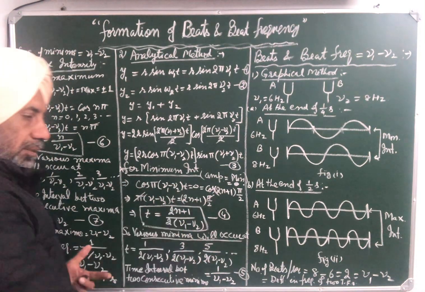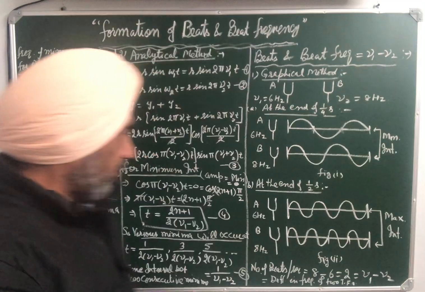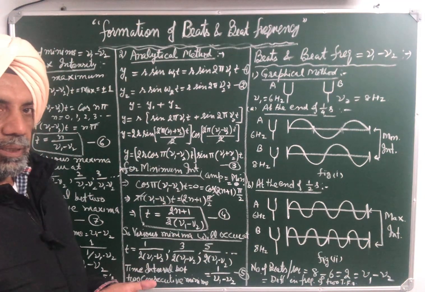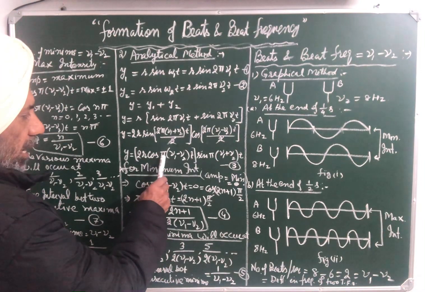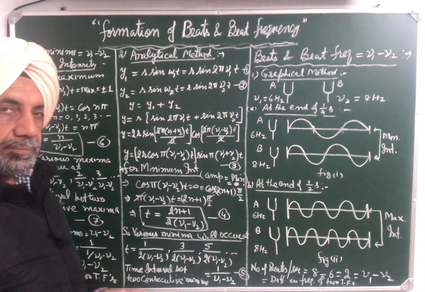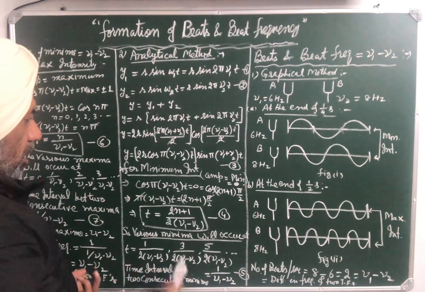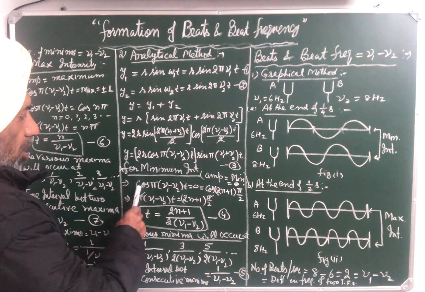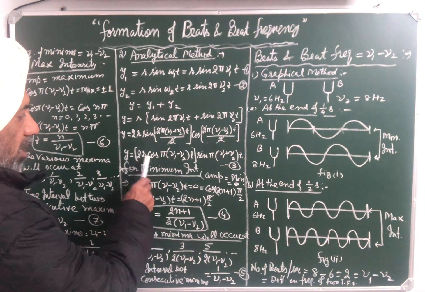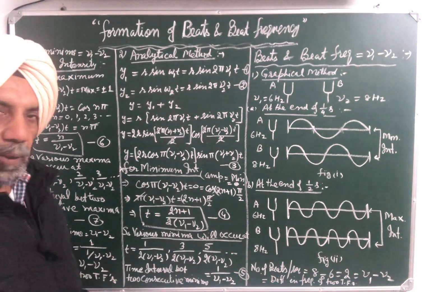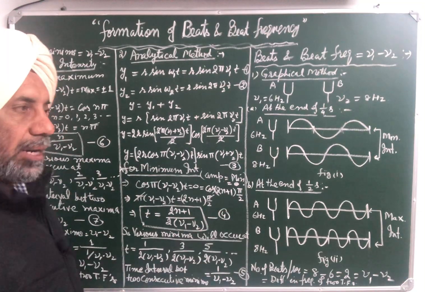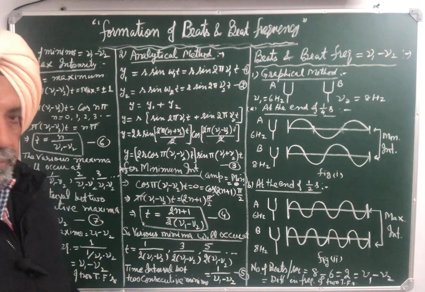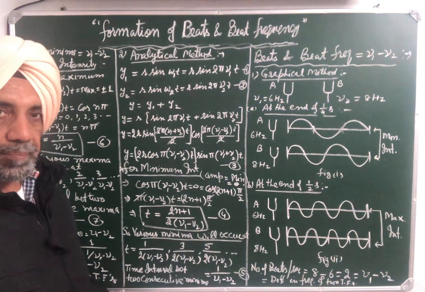To find the condition of maxima and minima: for minimum intensity, amplitude should be minimum. Amplitude means 2r cos pi (nu1 minus nu2) t should be minimum. Minimum means 0. Or cos pi (nu1 minus nu2) t, because 2r is constant, should be equal to 0. And cos is 0 at an odd multiple of pi by 2, (2n plus 1) pi by 2, where n is equal to 0, 1, 2, 3 and so on.